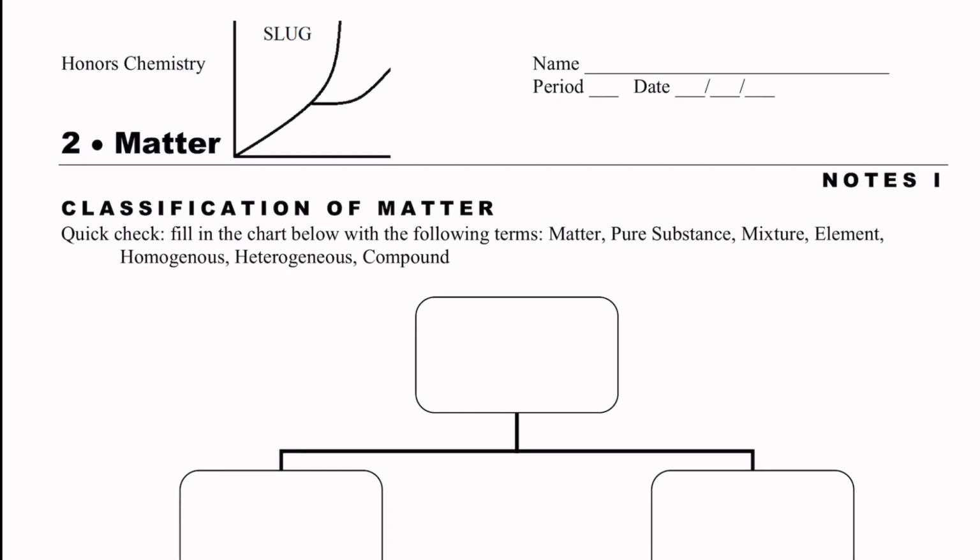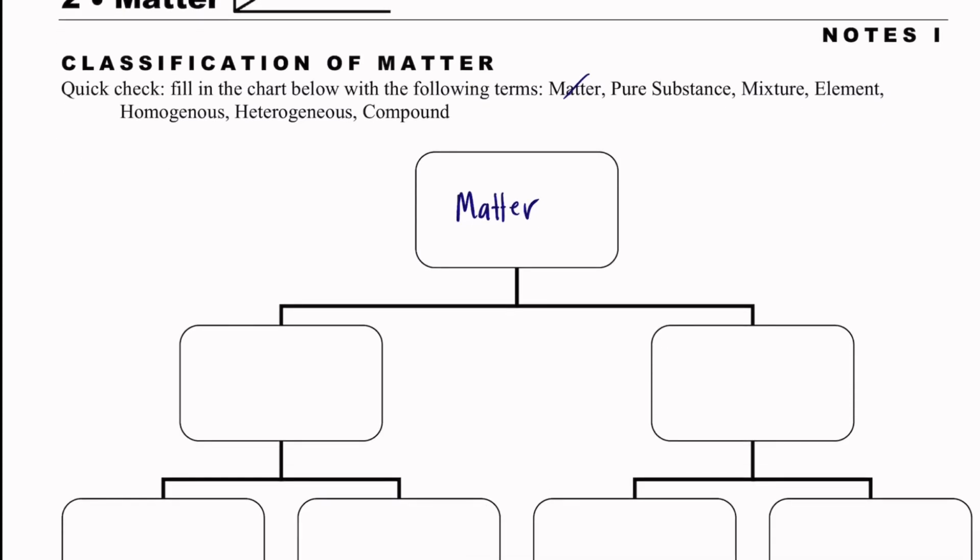So we have matter. That's going to be the top of our flow chart here. And matter can be broken apart into two different categories, one of which is a pure substance and the other is going to be a mixture. Now, there are two types of pure substances.